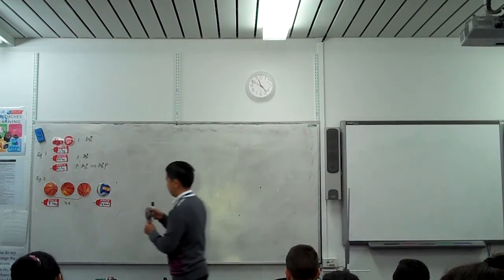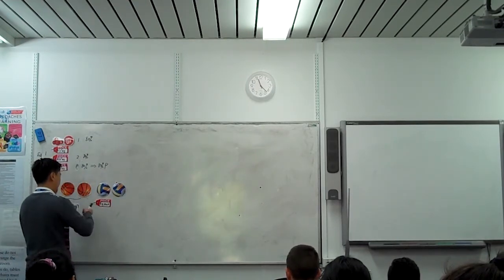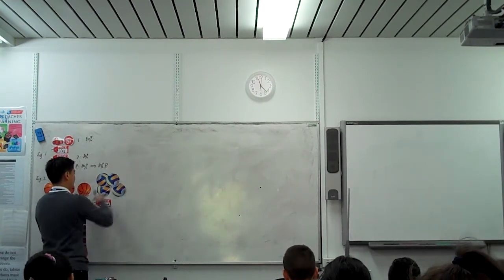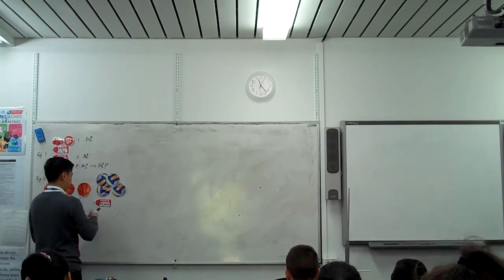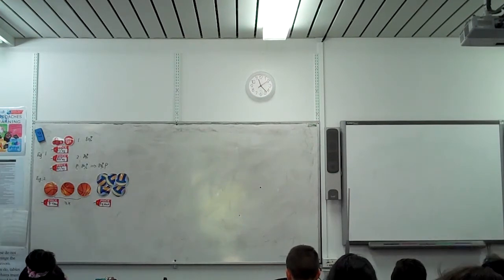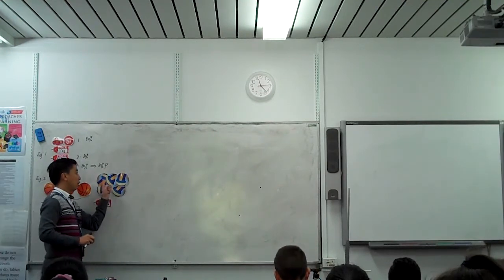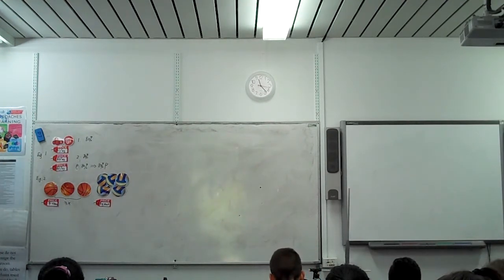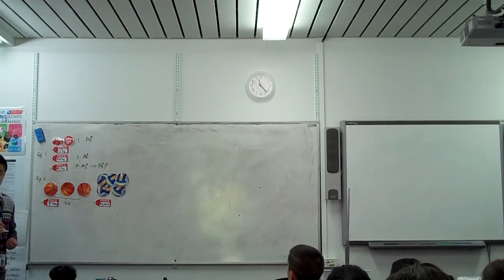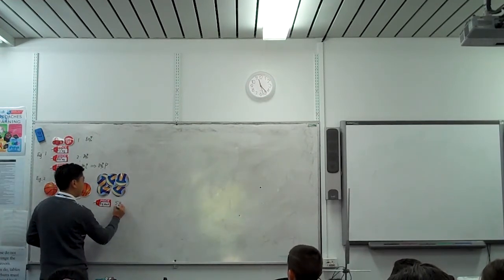Alright, so I want you to write how much they are. Each one is Y dollars. How much are they? Just give me an answer. 5Y, very good. That's very easy, right? So for all of them, it's 5Y in total.